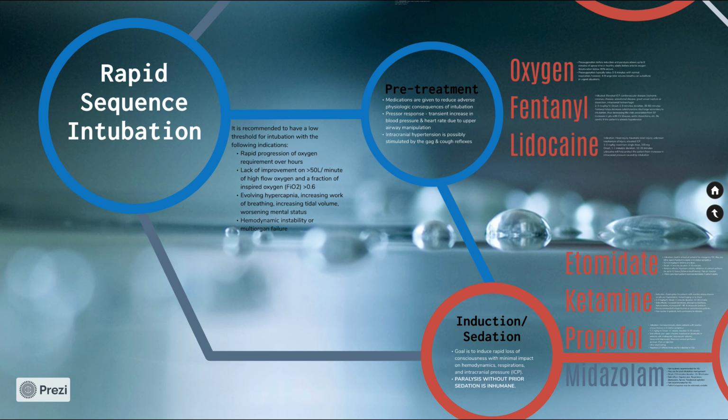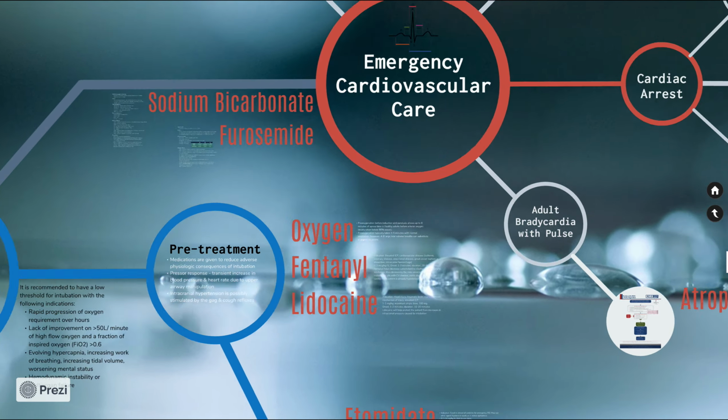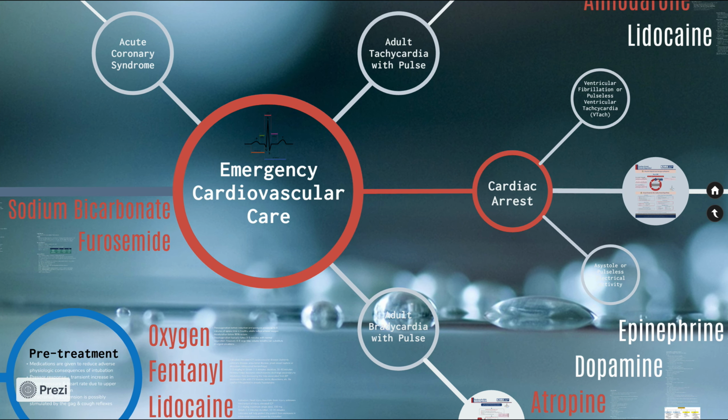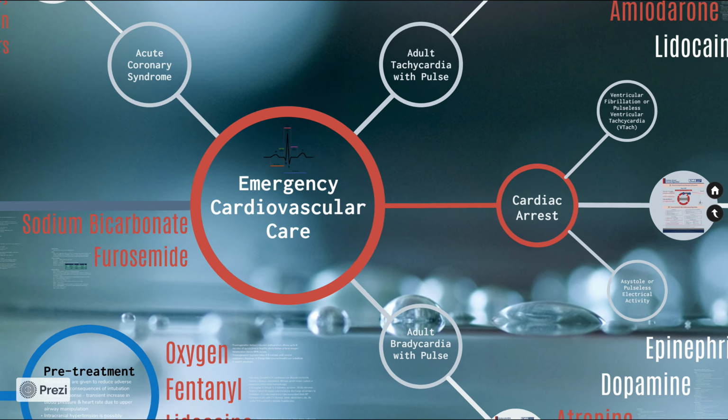And this involves a precise sequence of activities and a precise series of medicines that will ensure that the artificial airway is installed correctly. But for the first part, we will be tackling mainly different emergency cardiovascular situations.